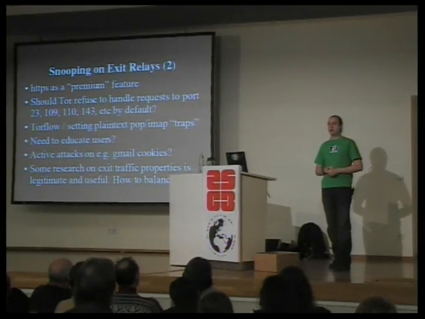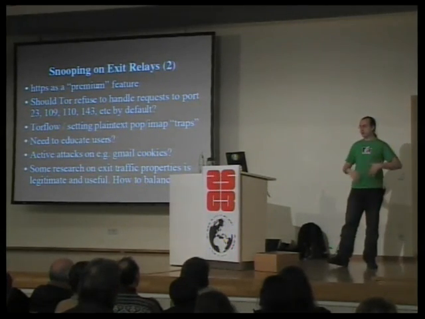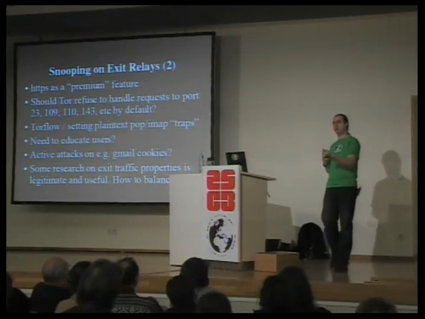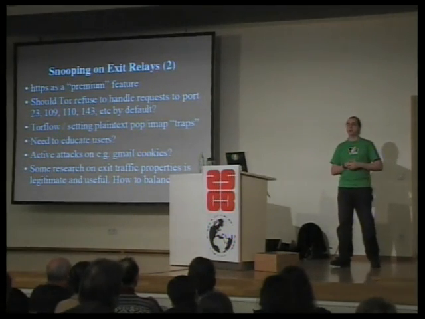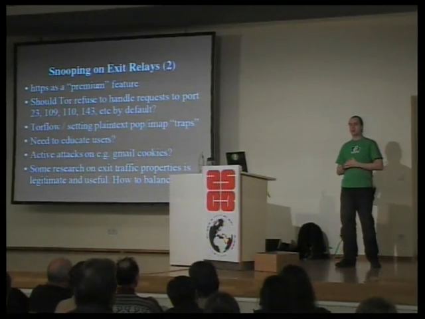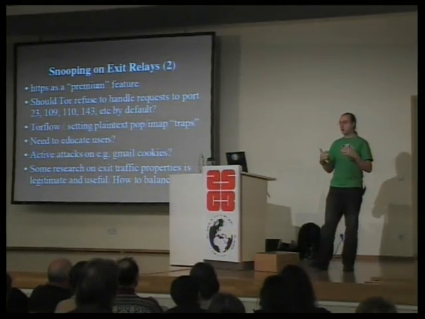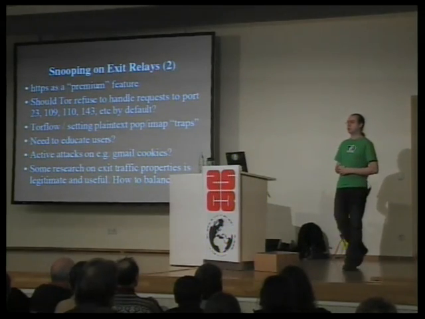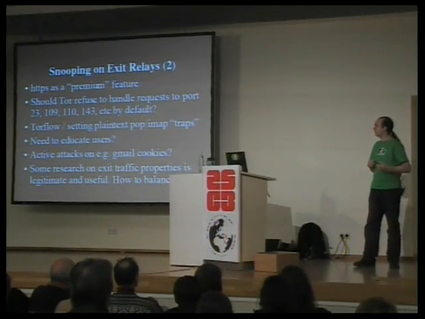So the Colorado University people in particular, they collected their data set. They had traffic logs of connections that people made out of their exit relay. And then they went to an academic workshop and they said, we really want to anonymize this and then publish it so that other people can use our data set to do research on.